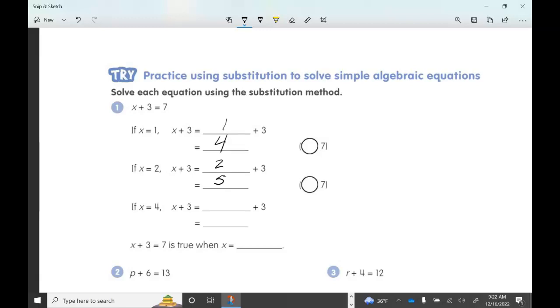If x equals 4, then x plus 3 equals 4 plus 3, which would give us 7. So we can see that 4 would be the solution there. So x plus 3 equals 7 is true when x equals 4.